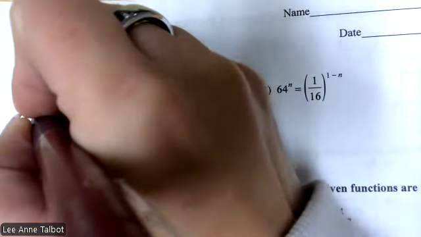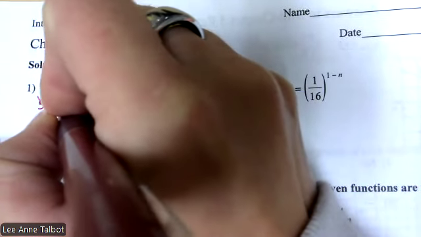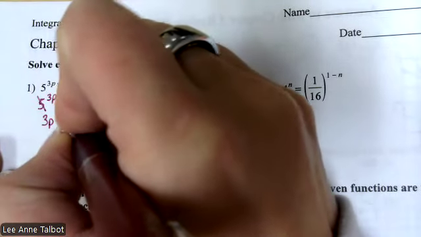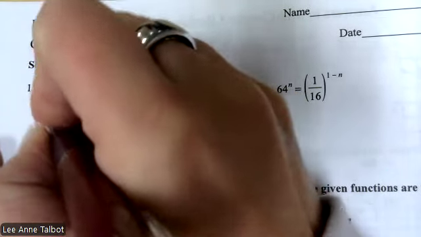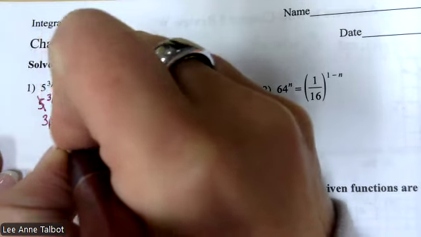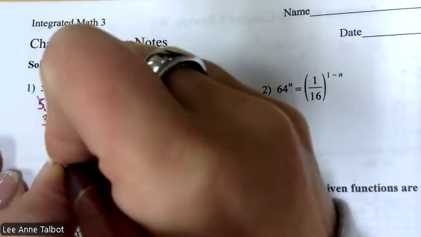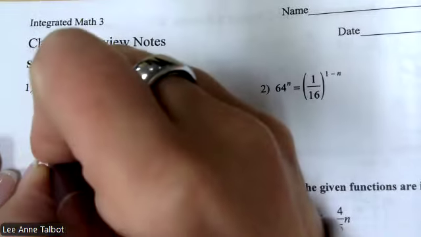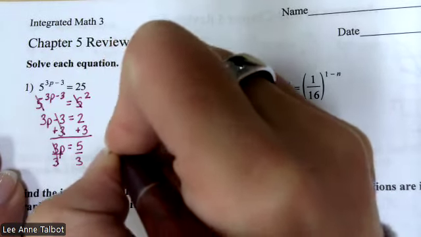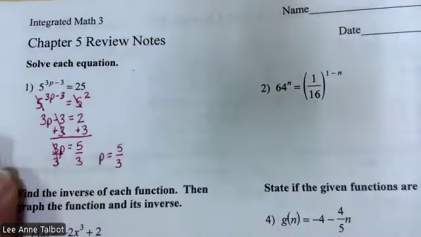Okay, and cancel, cancel. 3p minus 3 equals 2, plus 3 plus 3. 3p equals 5. P equals 5/3.